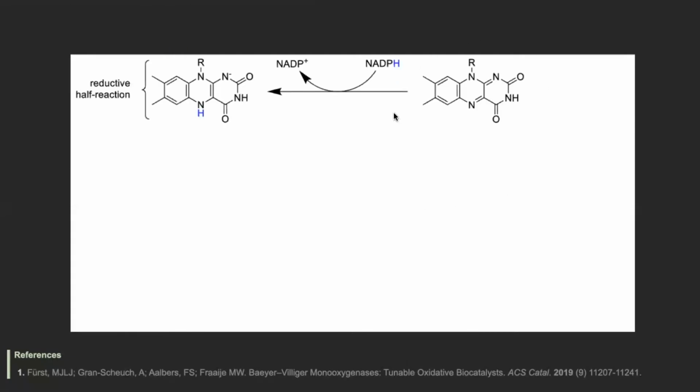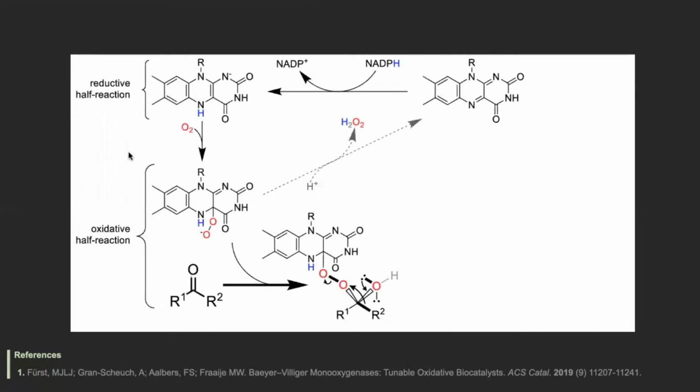In the first step, NADPH binds to the enzyme and reduces the flavin. The reduced flavin at this step can react with molecular oxygen, and it creates this intermediate, which is called peroxyflavin. It was identified as the catalytically active species for the Baeyer-Villiger oxidation.